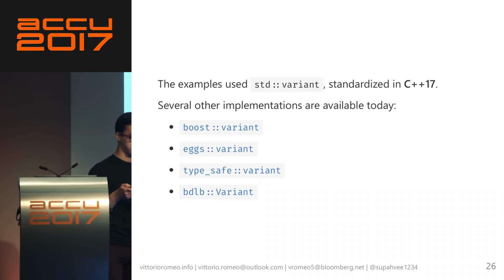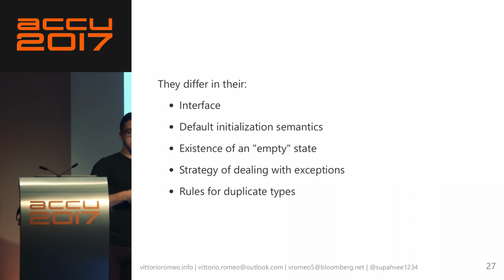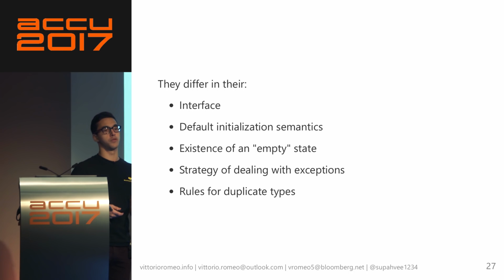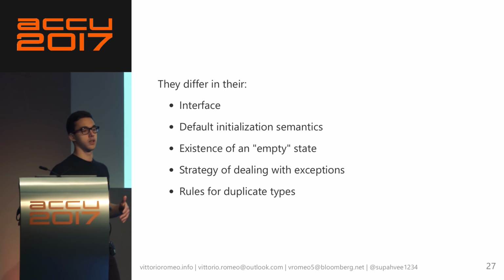It's really powerful. And all these implementations differ from each other in very minor ways, maybe not that minor. So they obviously have different interfaces, but they also have different default initialization semantics. So some of them might initialize to the first alternative type. Some of them might require you to explicitly pass something in the initializer.